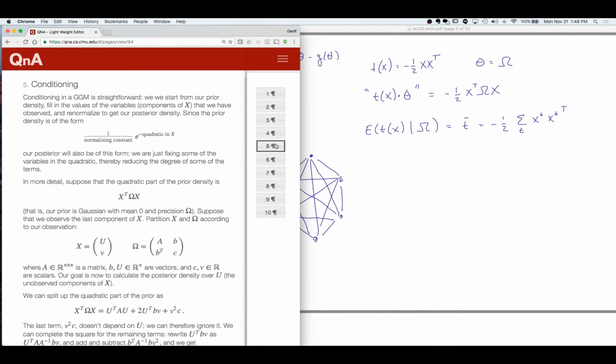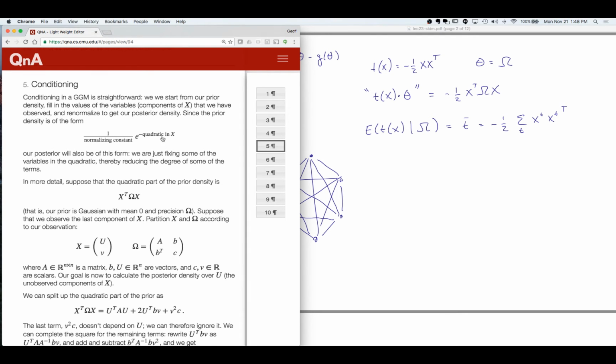So we're going to start from our prior density, which is e to the minus quadratic. It has the form like this: e to the minus a quadratic in our variables divided by a normalizing constant. And then we're going to just fill in the values of the variables that we observed. So if we observe that the fourth component of x is 7, we just fill in 7 in place of x sub 4. And then that's going to give us the unnormalized posterior density, and we get the posterior density by just renormalizing.